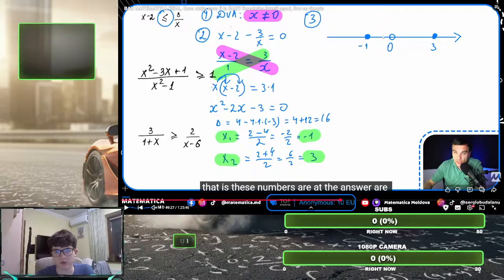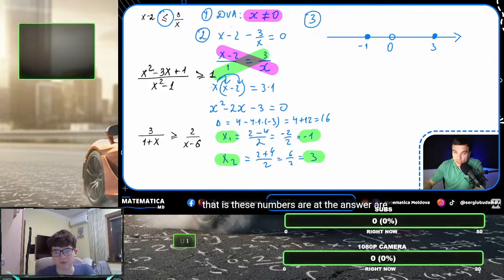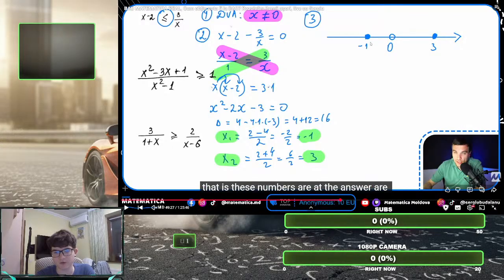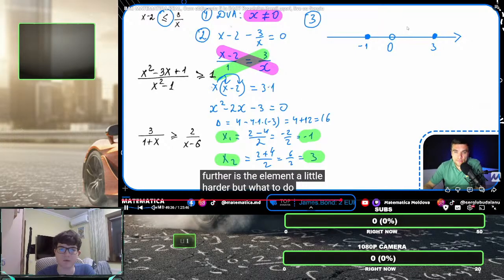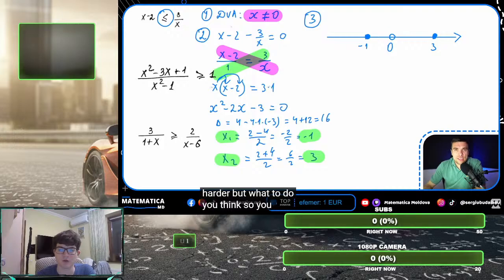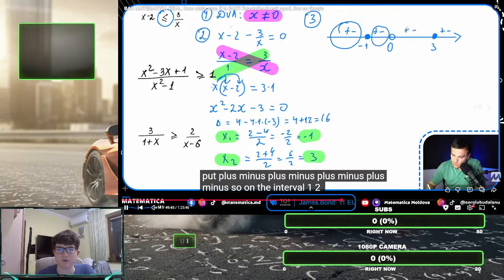So the interval from 0 till 3 is negative, which means the interval from minus 1 till 0 is positive, and the one from 3 till infinity is also positive.